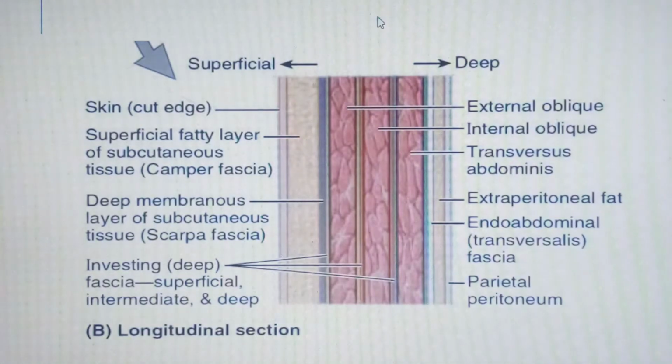So for instance, you can take the thorax region. You can say that the rib cage is superficial to the heart, because the rib cage is closer to the skin than the heart. But we can say that the heart is deep to the rib cage. So these are some things we can talk about: deep and superficial.